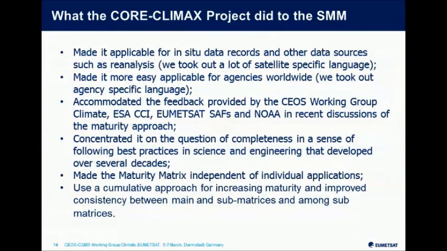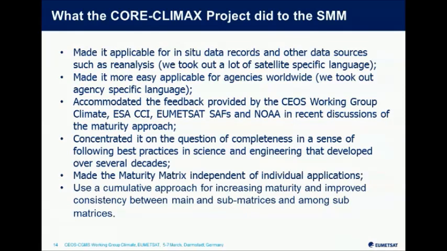So what did we improve in the already existing maturity metrics? We made it applicable. The NOAA one, the Bates and Privette one, was meant only for satellite data and for use in the NOAA climate data record program. So we took it and made it applicable to in-situ data records and also to reanalysis.